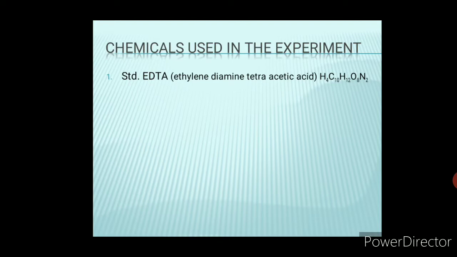In experiment 1, it was hard water. Here, in the cement sample, whatever calcium is present will be in ionic form, Ca2+. It will be complexed by EDTA. EDTA is a complexing agent. It complexes Ca2+ ions. Hence the titration is named complexometric titration.